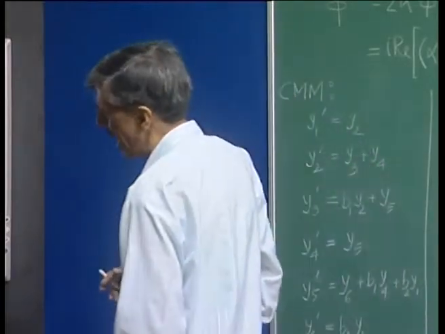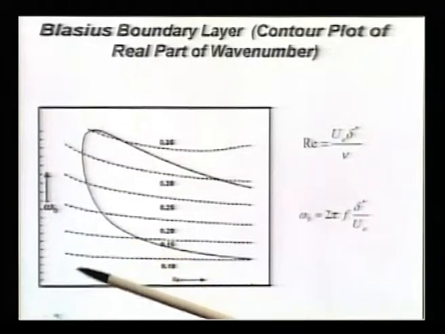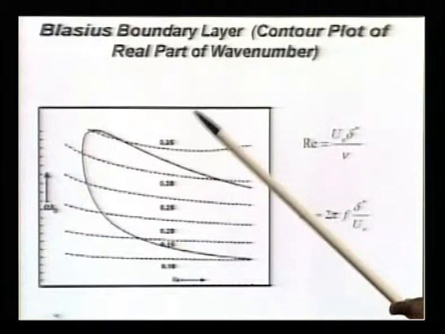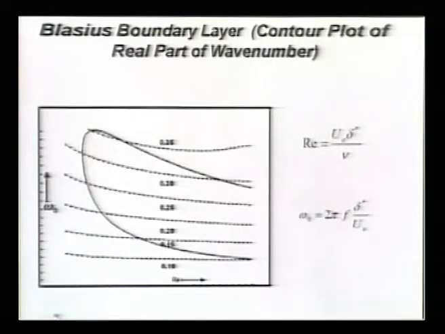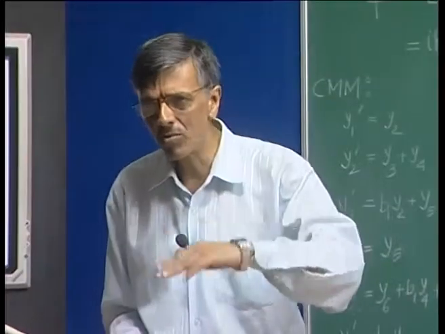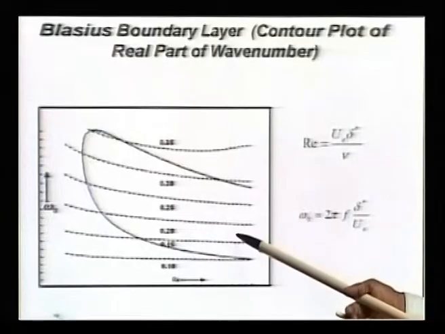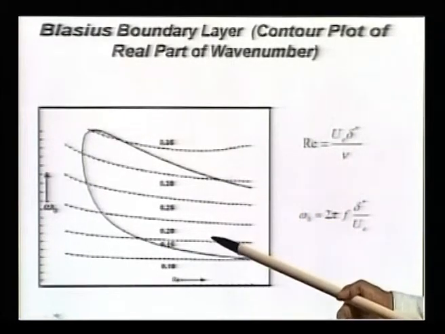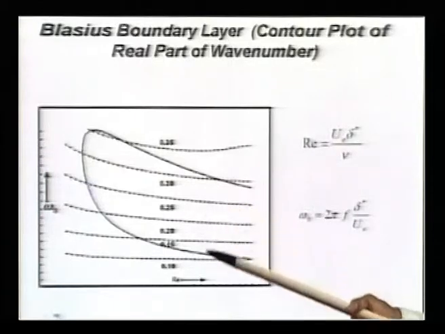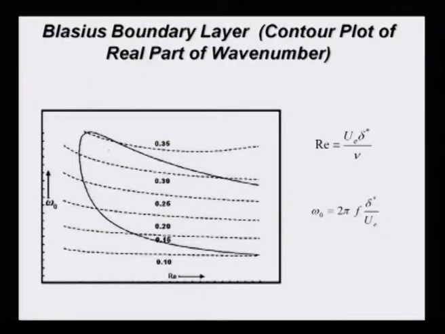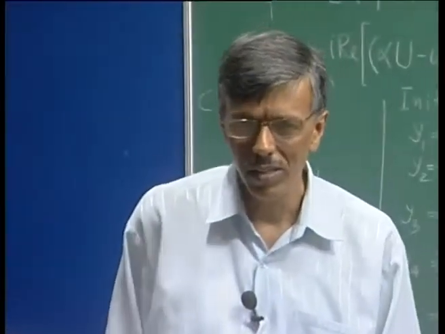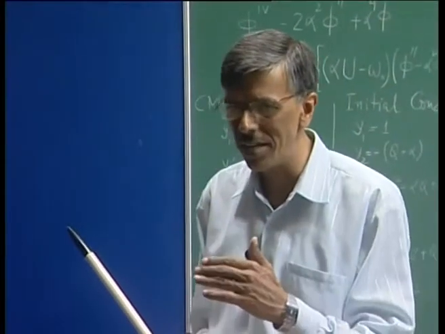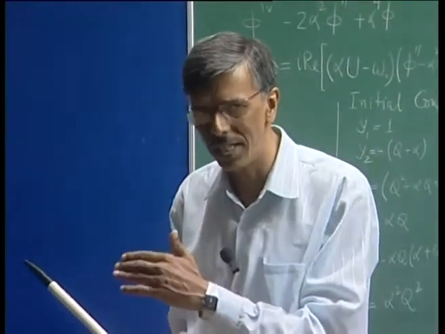What we notice is that if I follow a constant frequency disturbance, it migrates from one alpha r constant value to the next. If this variation is gentle, then what are we going to see in terms of the disturbance profile? That it is slowly going to adjust itself to the local condition.